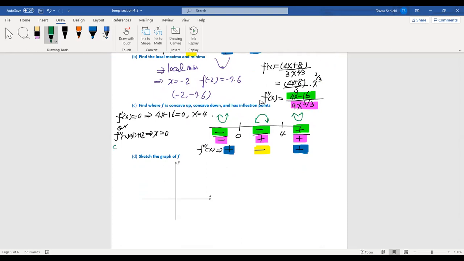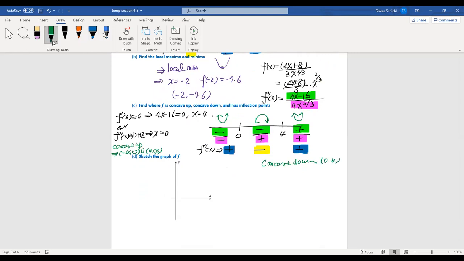It will be from negative infinity to 0 and from 4 to infinity, right? And concave down will be from 0 to 4, right?